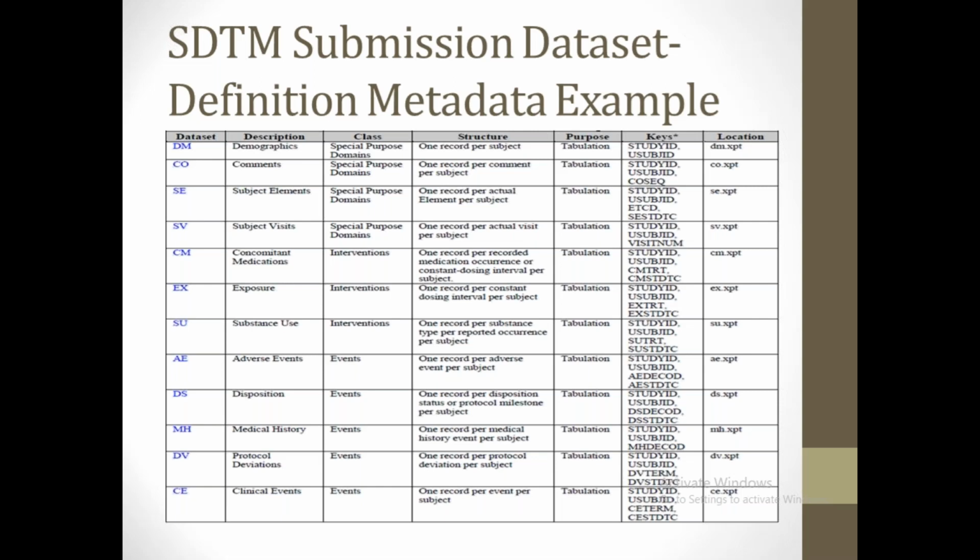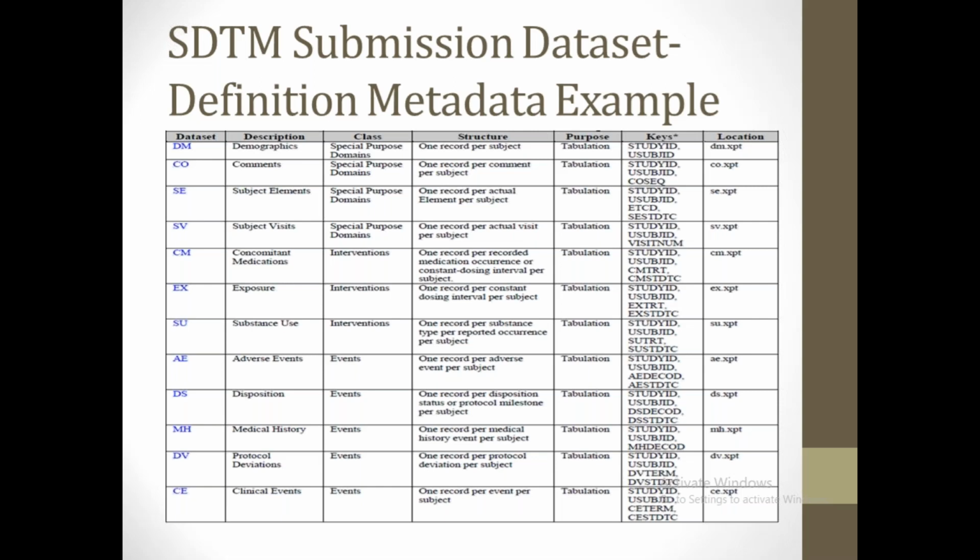And SE is subject elements. Subject elements is a special purpose domain. One record per actual element per subject. Suppose the subject has a screening element, a baseline element, a treatment element. Likewise, each and every element will be considered as a separate record. And the important variables, you see everywhere, study ID, USUBJID, I told you, right? These are commonly important in all the data sets, domains.